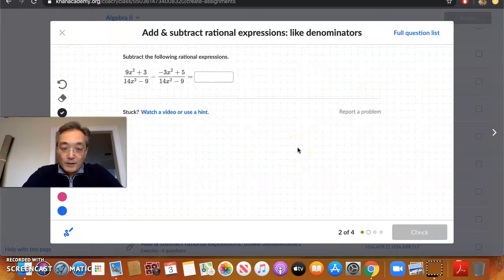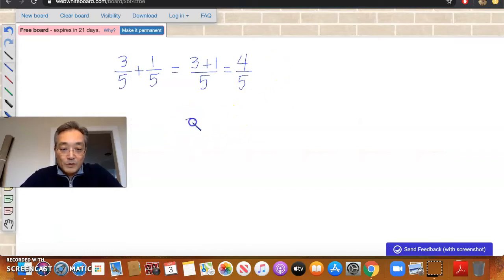Okay, let's go here and take a look. So in this problem, again, this is a subtraction problem, right? So just like when we're subtracting fractions, remember, let's say 3/5 minus 1/5, we know that we can rewrite this as 3/5 plus negative 1/5, right?